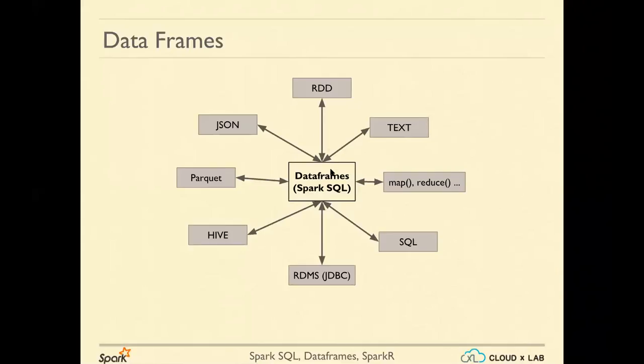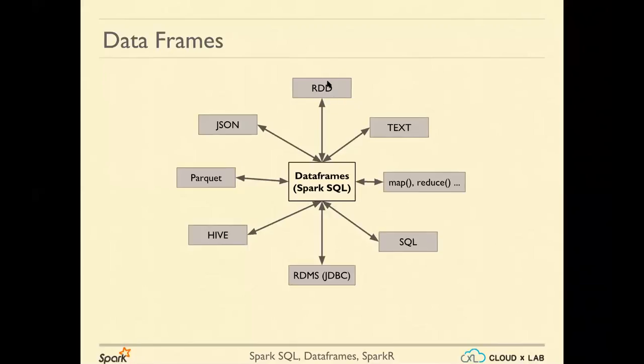So the thumb rule is: whatever structured data we have from any source, create the data frame, operate on the data frame, and whatever the result, you can save the data frame anywhere. If you have unstructured data and you know how to convert it, then load the unstructured data into an RDD, using text file or binary files.